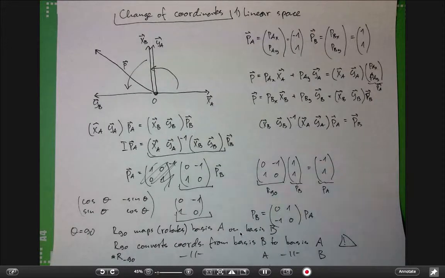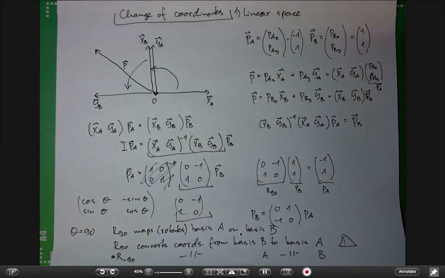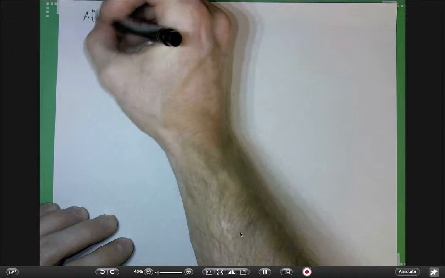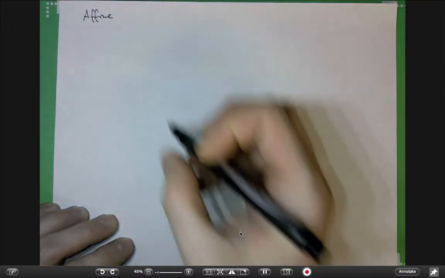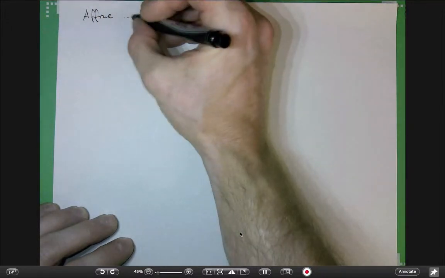So this was just the linear case. You will need to deal with the affine case, because we need translation, right? And so I was saying we cannot directly do translation in a linear setting. The translation is not a linear transformation, so I need to go to affine space. So remember, if we are in affine space, then instead of vectors, we are dealing with points.